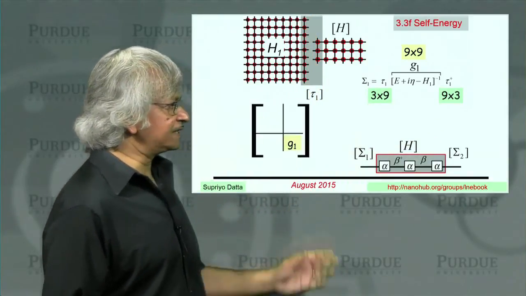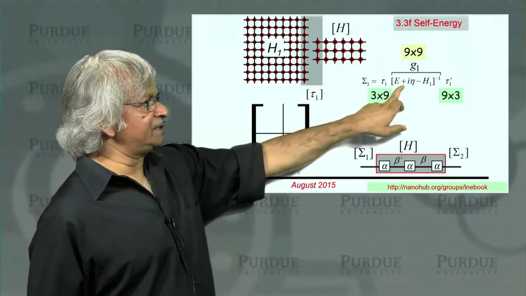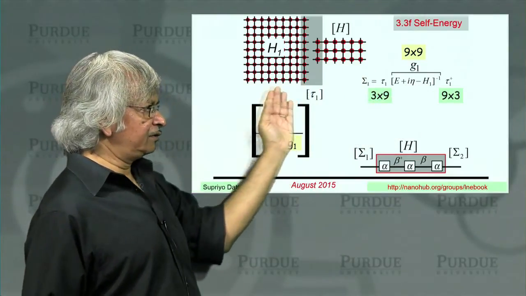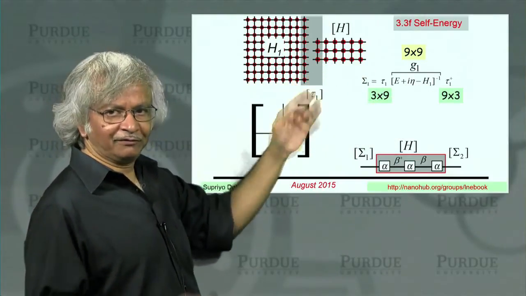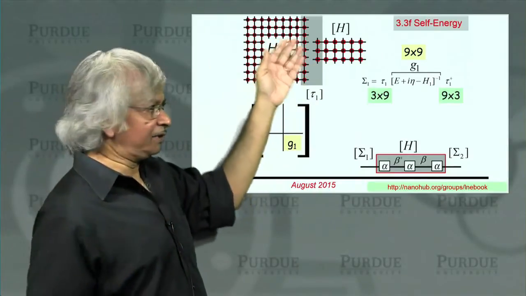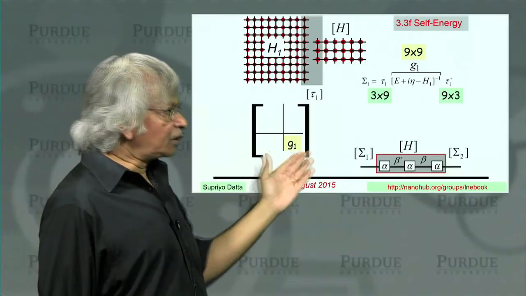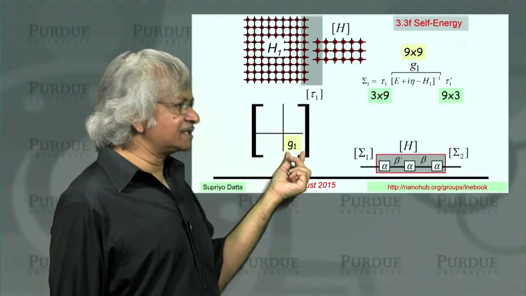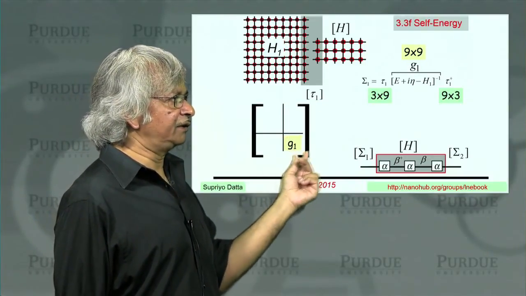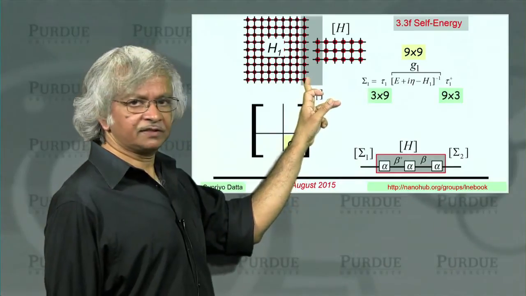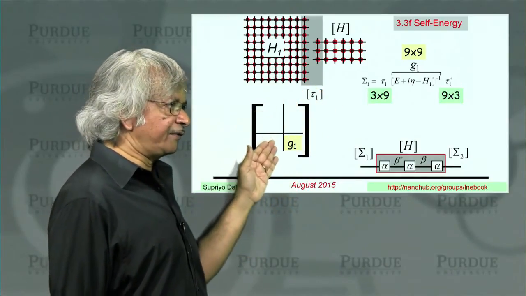So what that means is, in general, you could take this E plus i eta minus H1, which is say 81 by 81 matrix, or something much bigger, because this goes on to infinity. It could actually be very big. But what you want to know is just this 9 by 9 part here that belongs to the surface. You don't really need the rest of it.